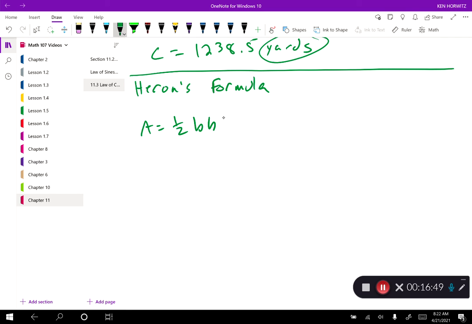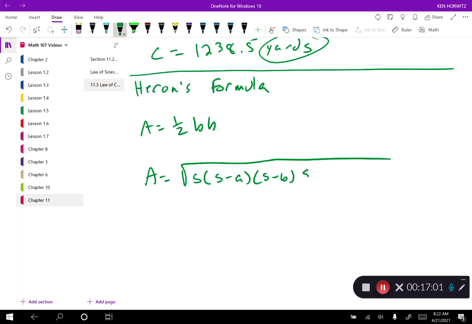Heron's formula is an option. Heron's formula is A equals the square root of S times S minus A, S minus B, S minus C, where S equals one-half the perimeter, which is A plus B plus C.